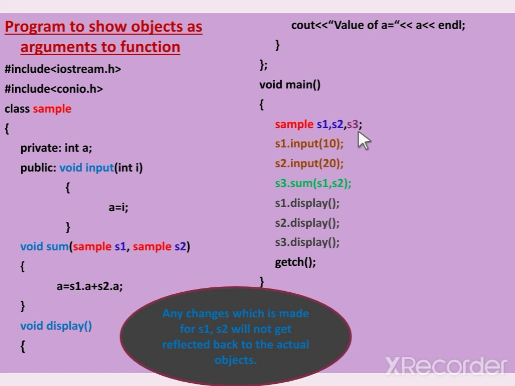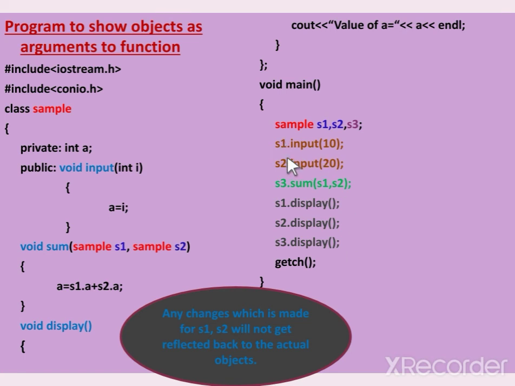So whatever changes you make for S1 and S2 inside the sum function will not get reflected back to the actual object. This is what pass by value is.